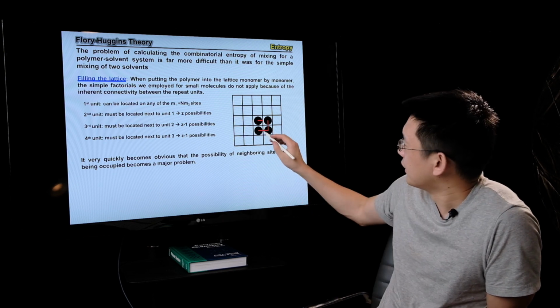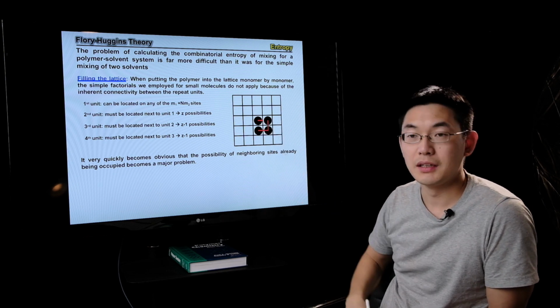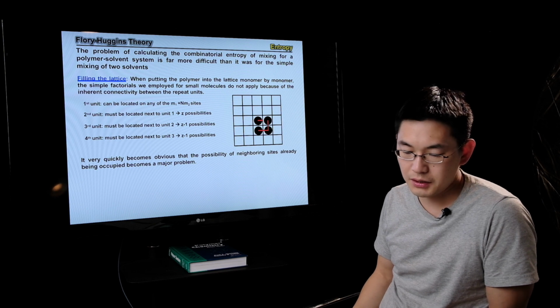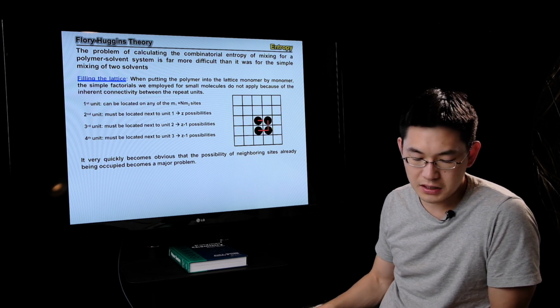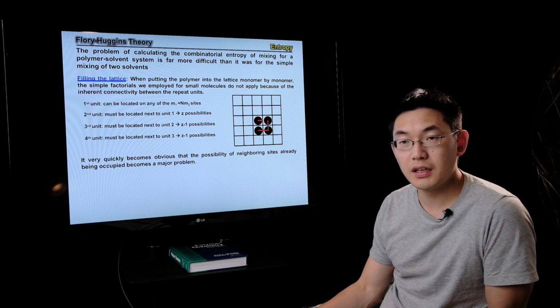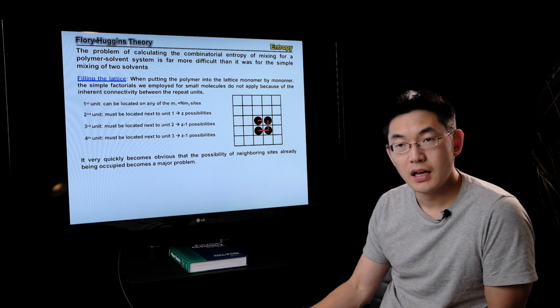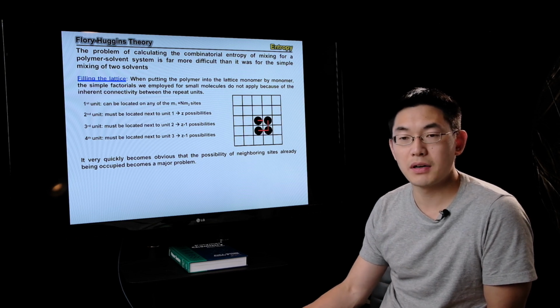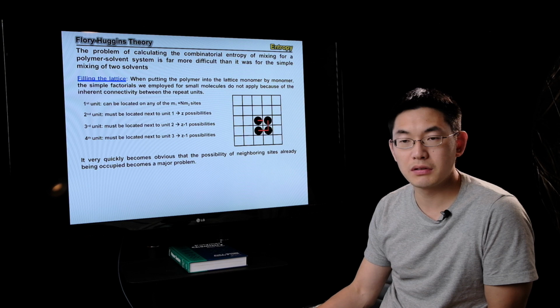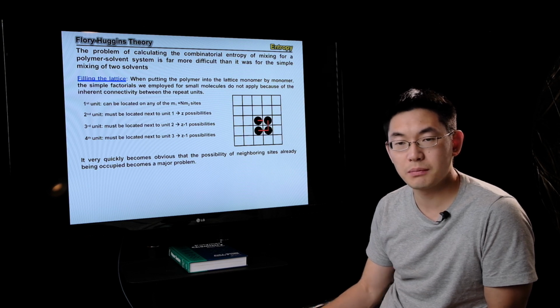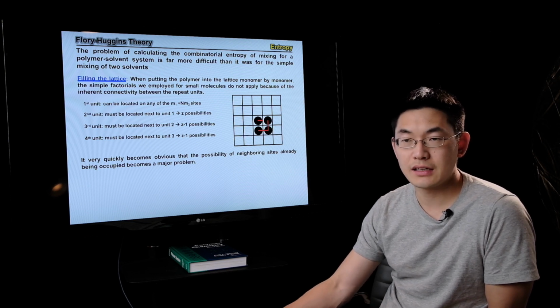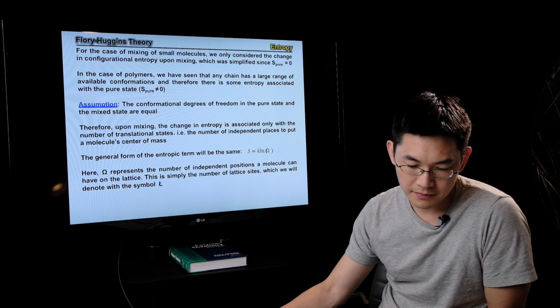That's why you start to worry about connectivity, right? We will discuss in a little more detail how this connectivity impacts the entropy. In terms of enthalpy, there are not many big differences, and we will discuss how enthalpy differs between lattice theory and Flory-Huggins theory.